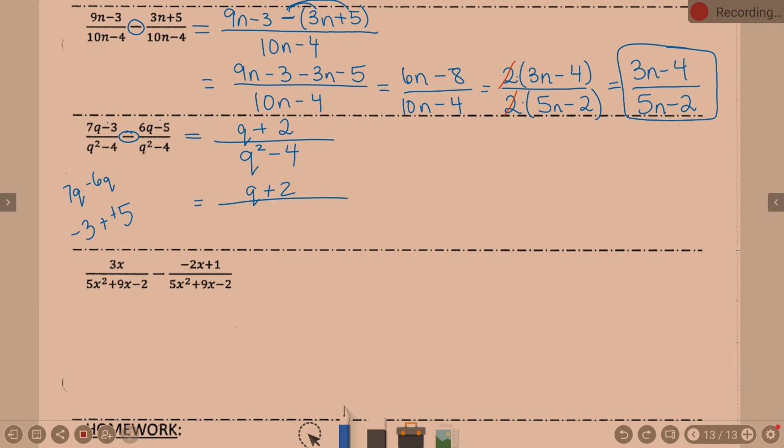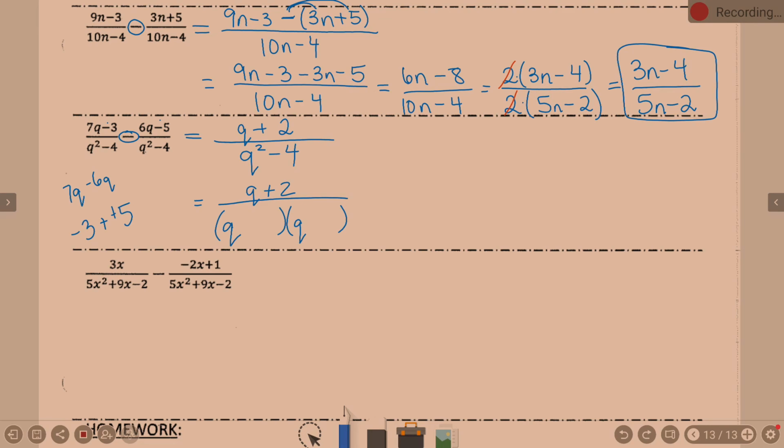Q squared minus 4 is what I call the difference of two squares. It factors into two parentheses. What does q squared break up into? q and q. What multiplies to be 4?